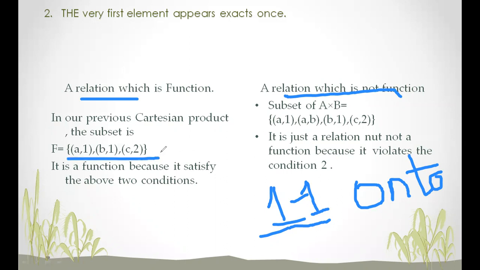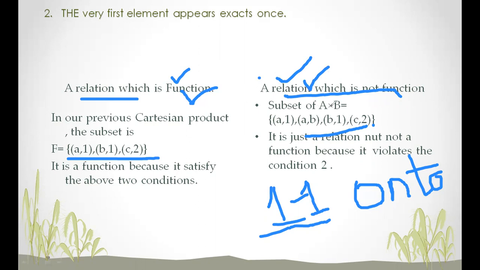It is a function because it satisfies the condition. It is not a function, but it does not mean it is not a relation. Every relation is not a function, but every function is definitely a relation, because we derive functions from relations.